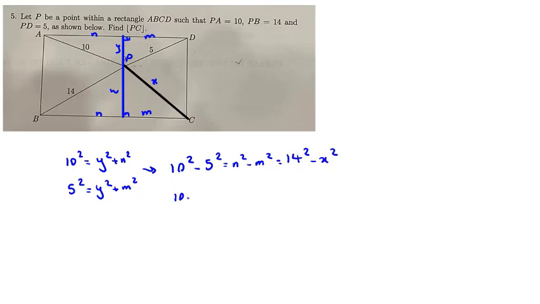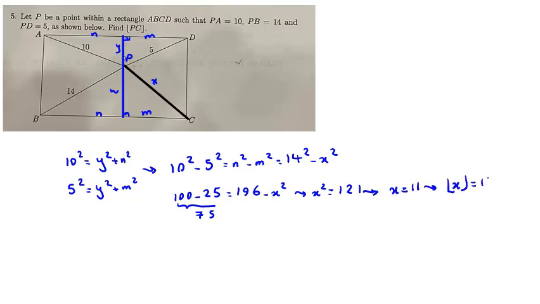It will be 100 minus 25 equals 196 minus x squared. Here we have 75, so x squared equals 196 minus 75, which is 121, so x equals 11, and the integer part of that equals 11.